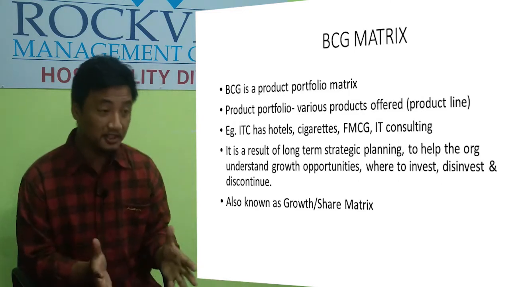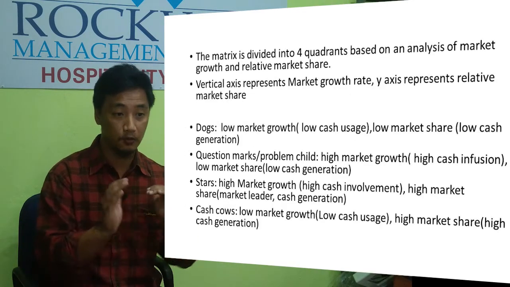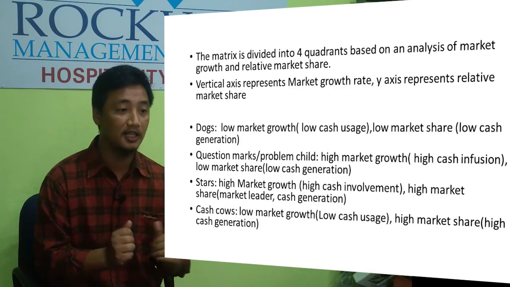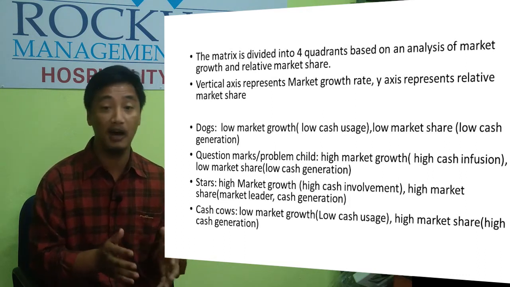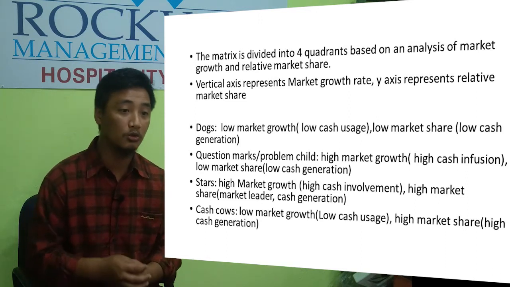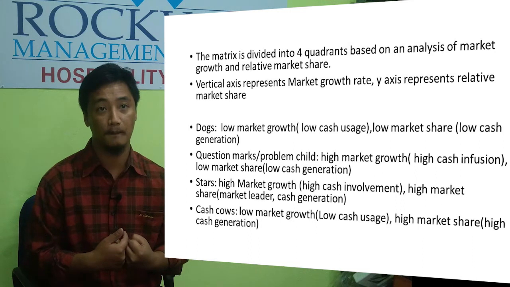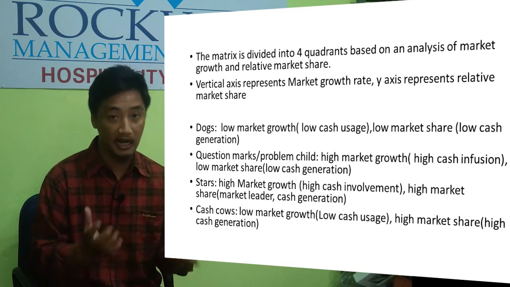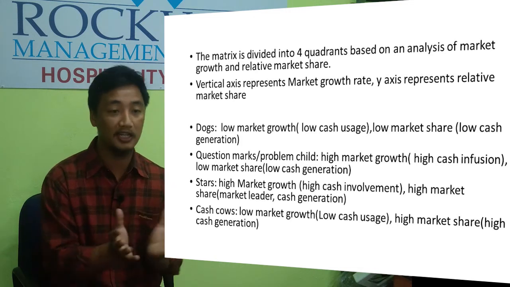In the BCG matrix, the matrix is divided into 4 quadrants, based on the analysis of market growth and relative market share. When I'm talking about market growth, I'm talking about the market as a whole, how well the market is growing.